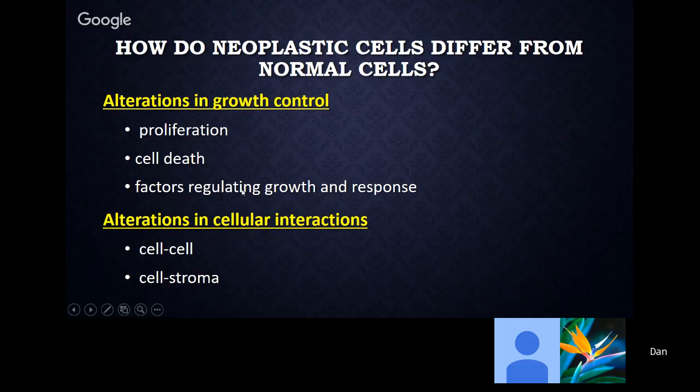And then you're going to have what you call the interaction between the cells. Normally, all the cells, besides the free cells like leukocytes and red cells, are interacting with each other. You have an adhesion between those cells. You have an adhesion with connective tissue.